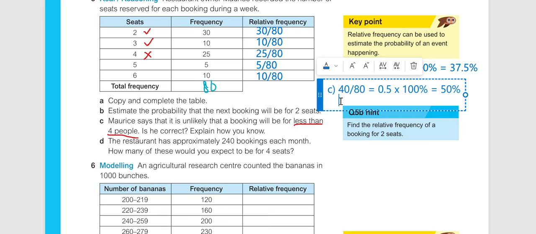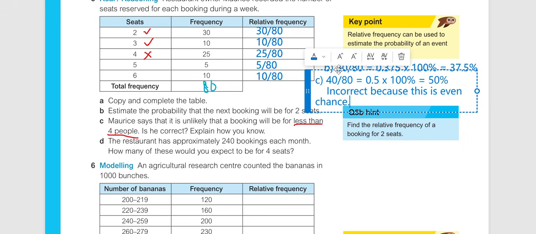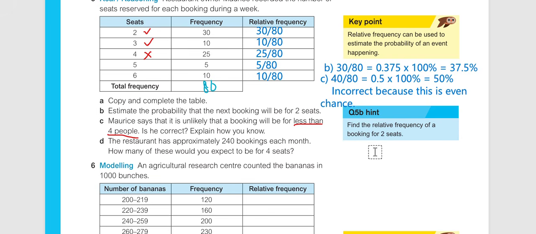So you can say incorrect because this is even chance. Is it clear? Yes. Alright, let's go to the next one.